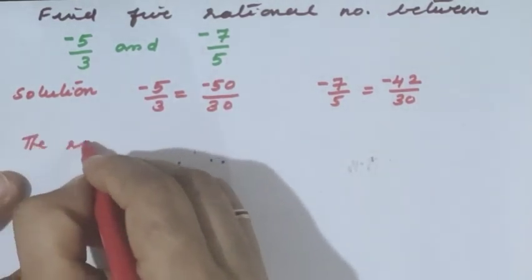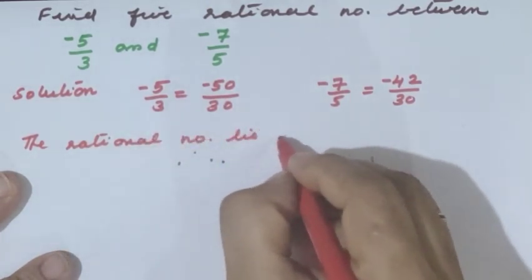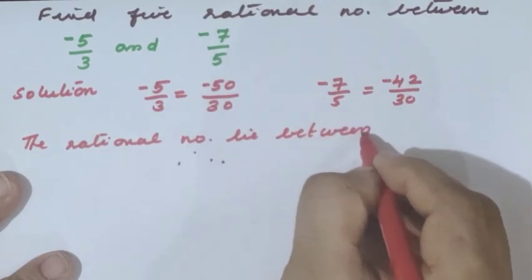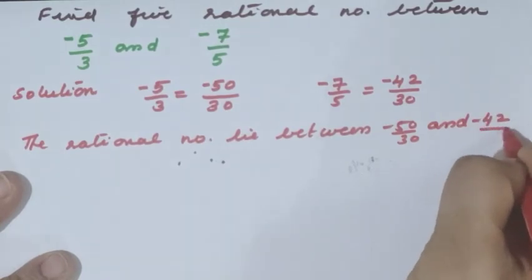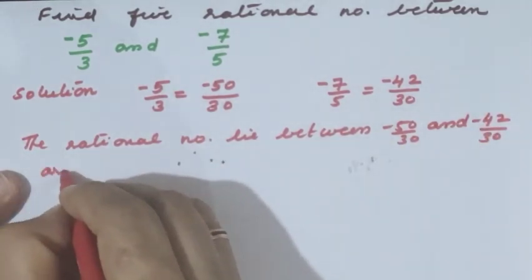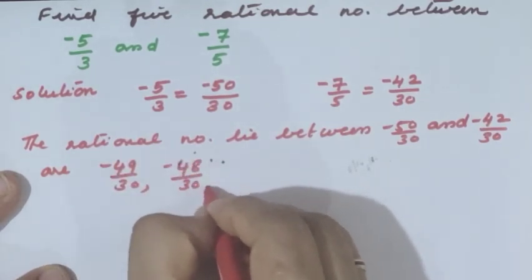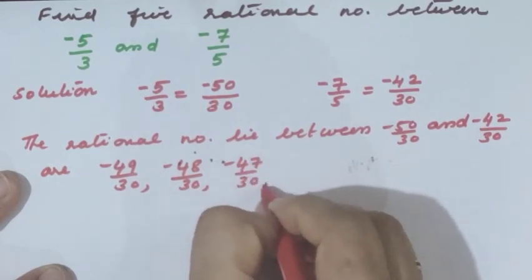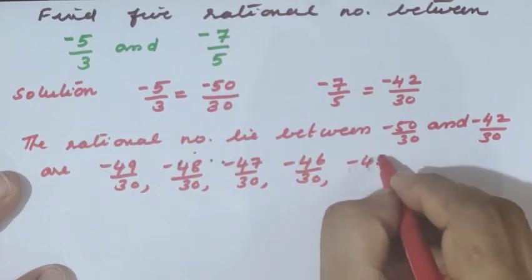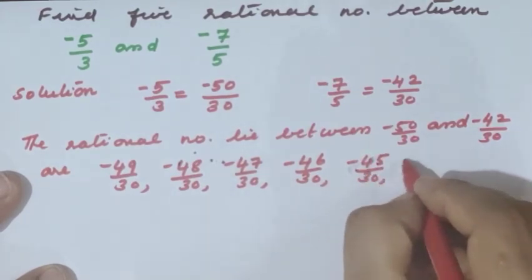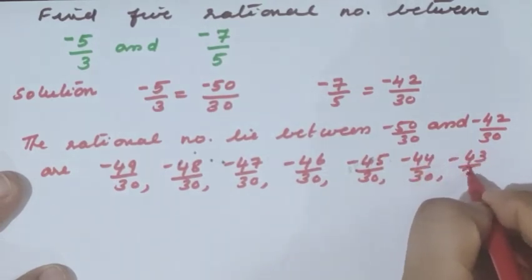So the rational numbers that lie between minus 50 by 30 and minus 42 by 30 are minus 49 by 30, minus 48 by 30, minus 47 by 30, minus 46 by 30, minus 45 by 30, minus 44 by 30, and minus 43 by 30, right?